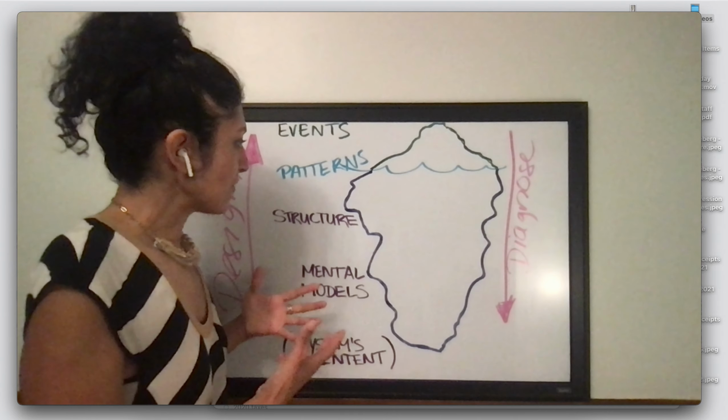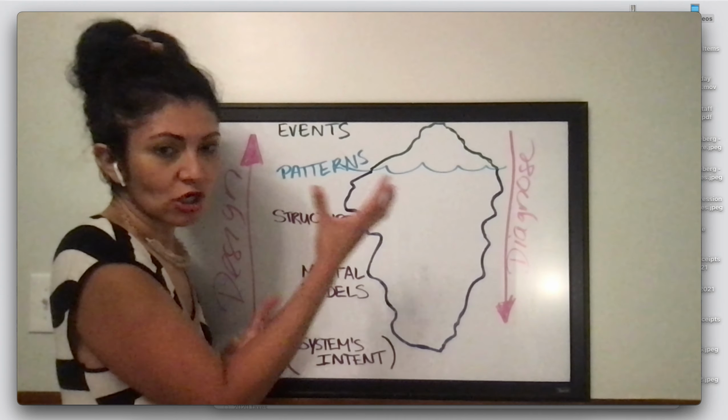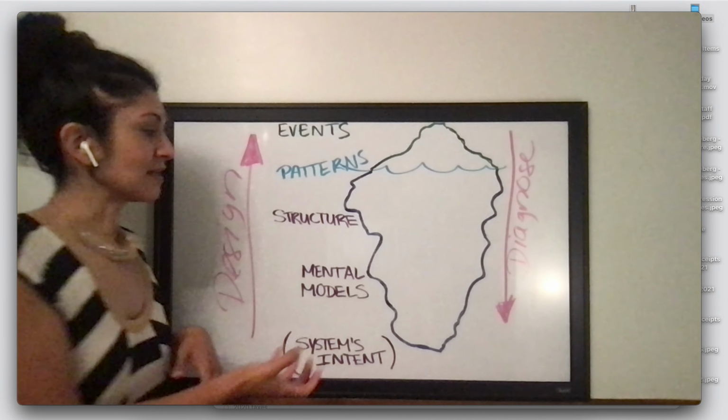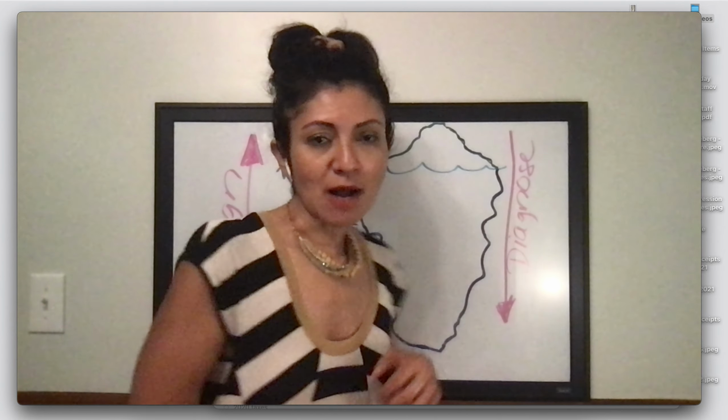Now that I've given you this little tiny example and the structure of the iceberg, with these keys of designing from the bottom up and diagnosing from the top down, we're going to give you a little bit of time to workshop this with the penguins and the walruses.